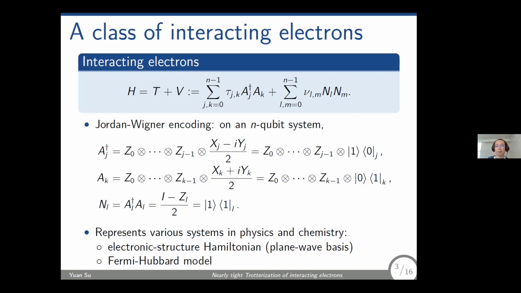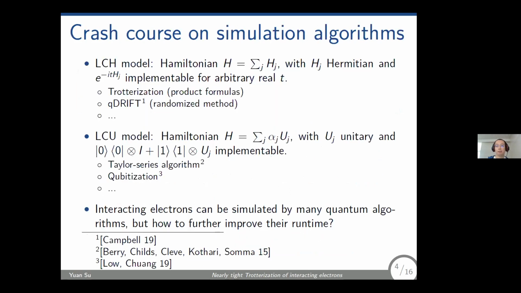Let's try to apply some of the simulation algorithms. There are many quantum simulation algorithms, and roughly speaking, they can be categorized into different groups according to their input model. For example, there's a common input model, sometimes called the LCH model, where the Hamiltonian is given as a sum of terms, and each term is Hermitian and can be exponentiated on a quantum computer.